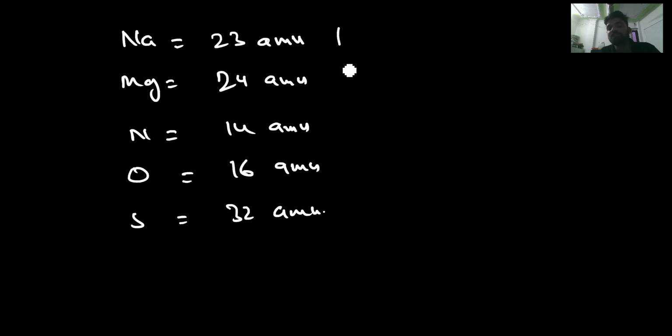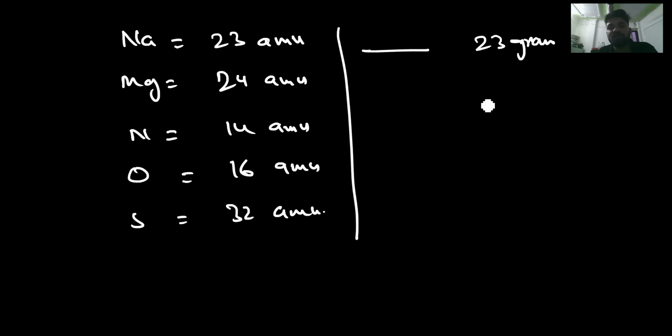The scientists were eager to know how many atoms there would be if we had the same mass but in grams. For example, how many atoms would there be if, instead of 24 AMU, we had 24 grams of magnesium, because we can easily measure a mass of 24 grams.